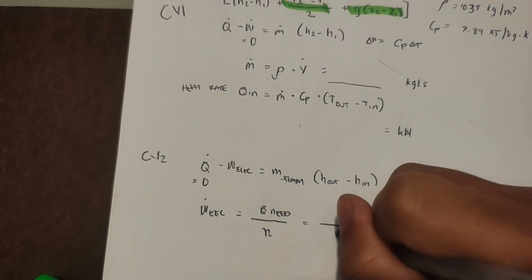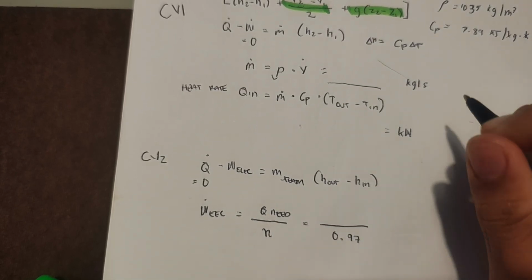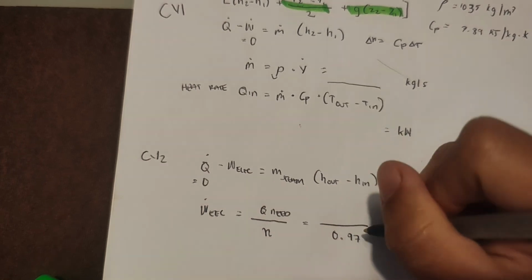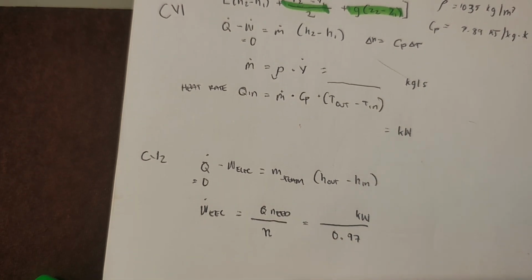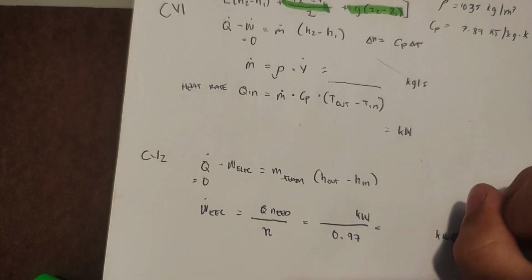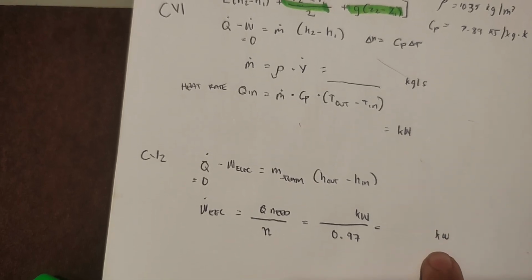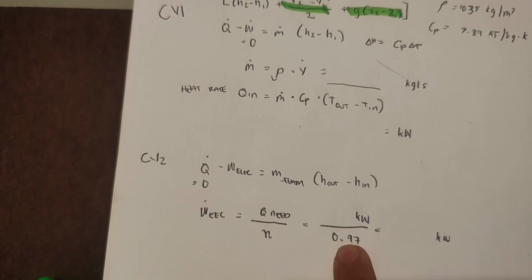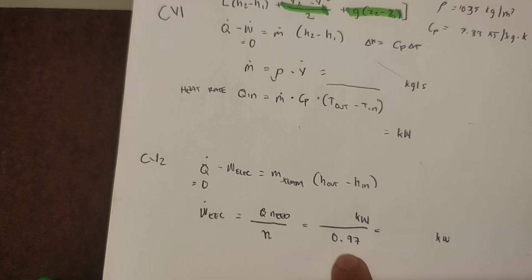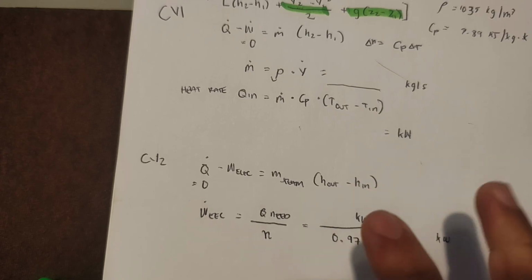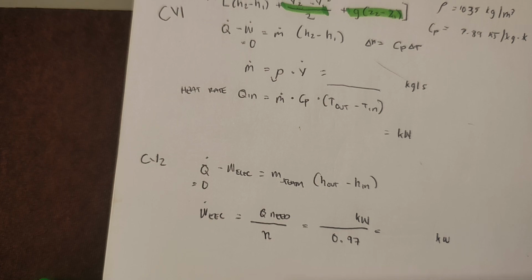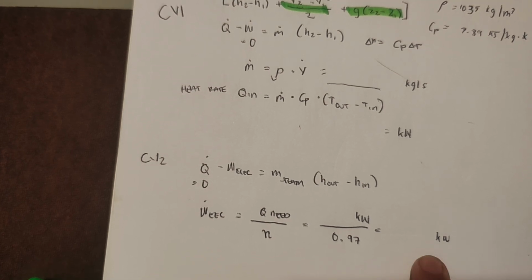So our efficiency is 0.97. Our Q needed is the one that we have solved earlier, so it's a kilowatt thing is equal to another kilowatt. Note that this should be higher than this because this is the 100% electricity that you're getting and this is the efficiency, so it's only working at its 97% capability. So we assume that the other 3% is lost in the system somehow, which we won't be computing for. So this will be your answer.